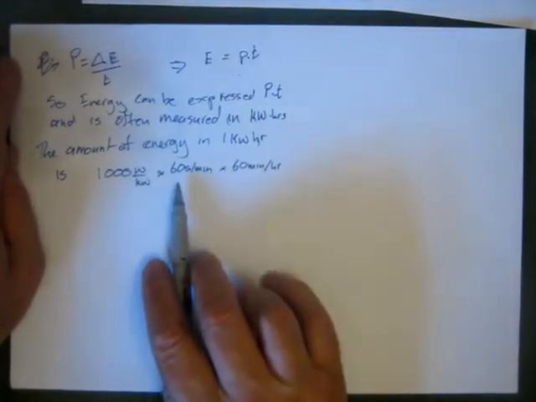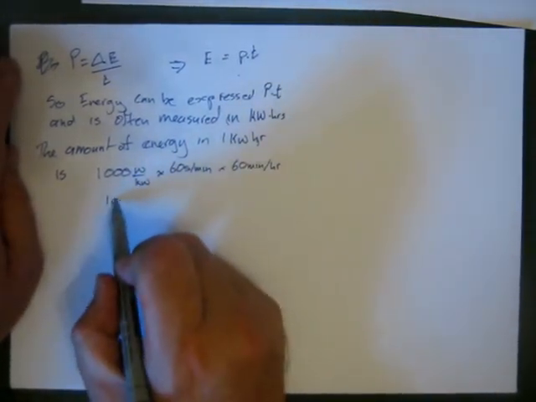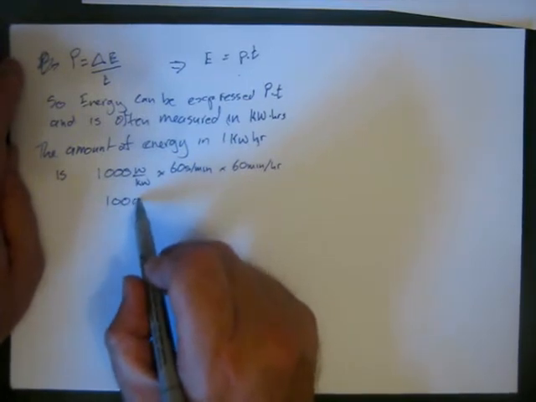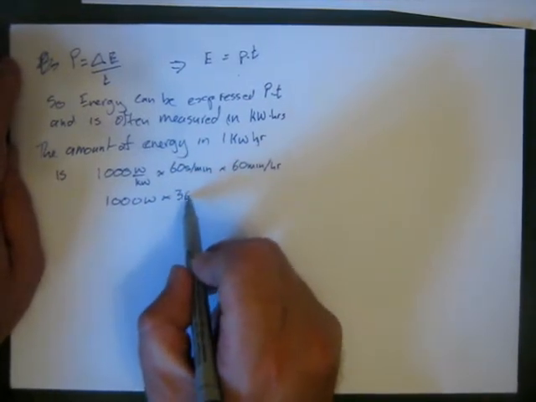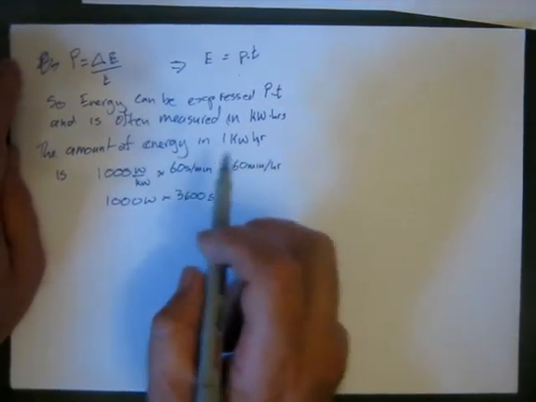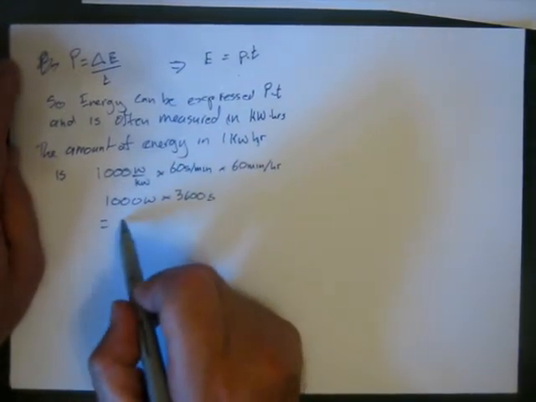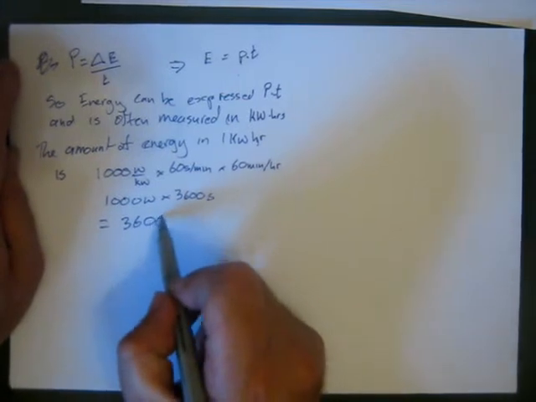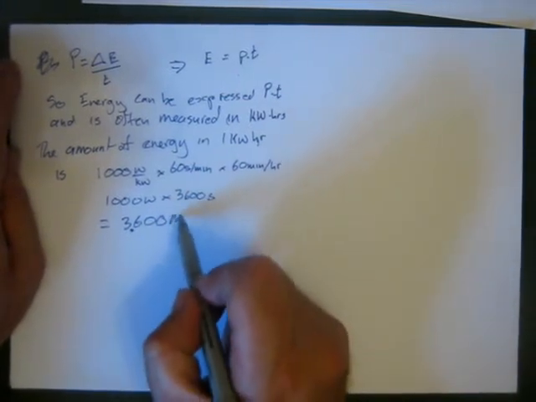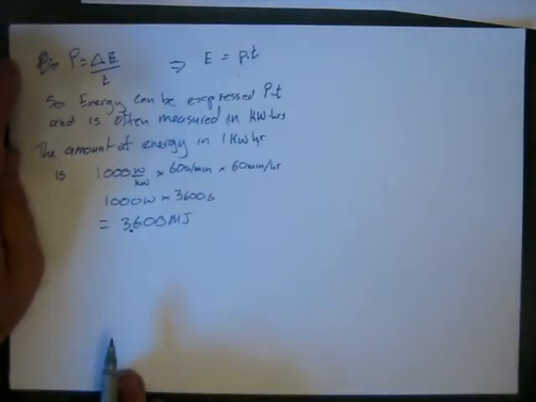So it's actually going to equal 1,000 watts times 3,600 seconds, because that's how many seconds there are in the hour, which is actually equal to 3.6 megajoules, which is a reasonable amount of energy.